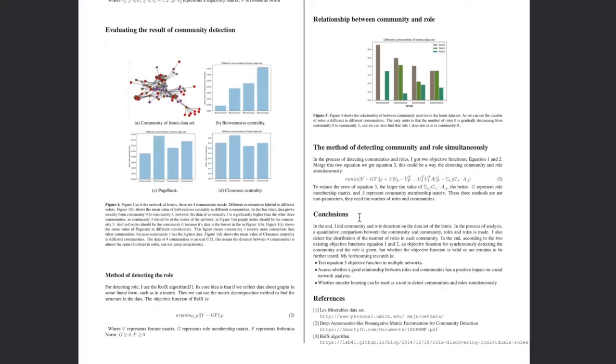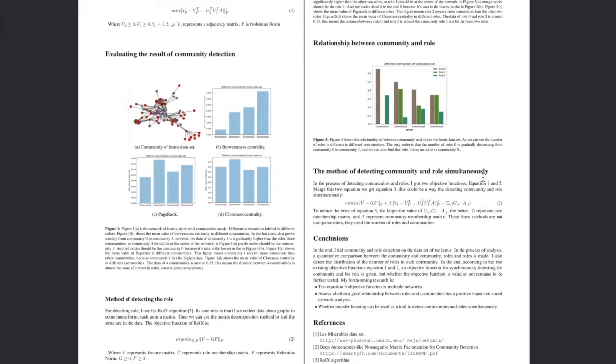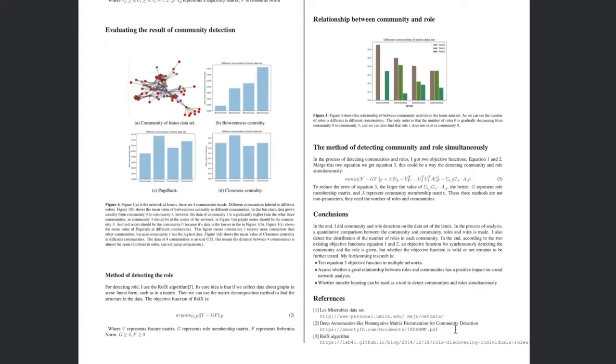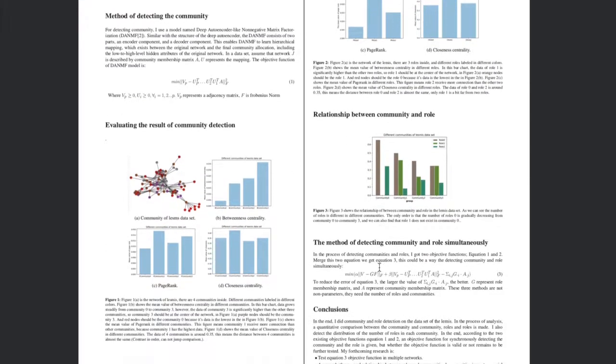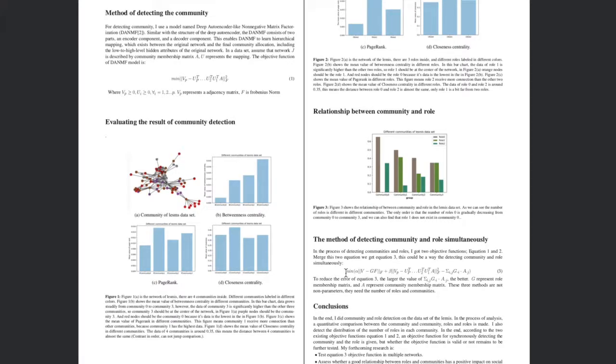After that, my further research is, first, to use this objective function to test whether it is valid to detect community and role simultaneously. Second, this is a relationship, right?